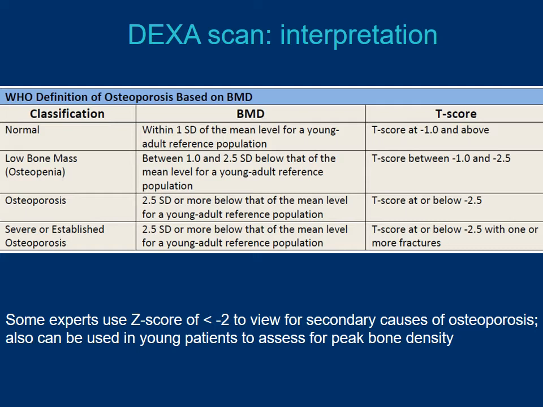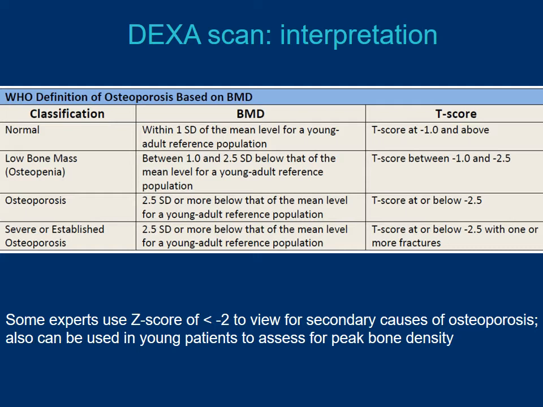Osteoporosis is 2.5 standard deviations or more below the mean level for a young adult reference population, expressed as a T-score at or below minus 2.5. Severe or established osteoporosis means a T-score at or below minus 2.5 with one or more fractures.